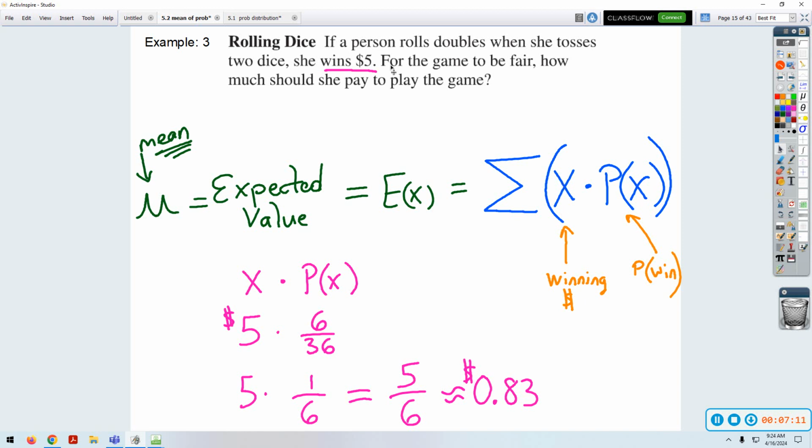So in this case, if I get paid $5 for rolling doubles, I will win $5. The probability of rolling doubles would be 6 doubles out of 36, which reduces to 1/6, and $5 times 1/6 is 83 cents. So if they charge me more than 83 cents, it's not a fair game.